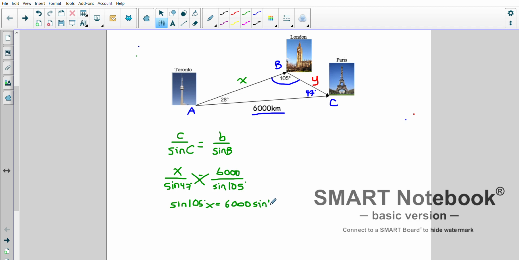And then I want to isolate x. So I would just divide by sine 105. And of course, if I do that to the one side, I'll have to do it to the other.